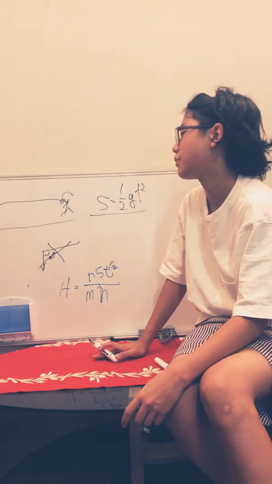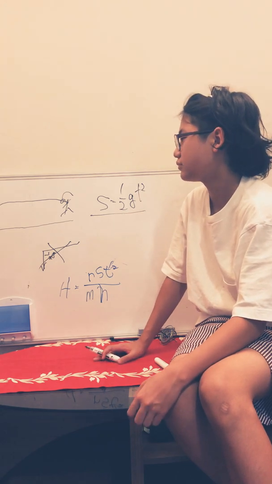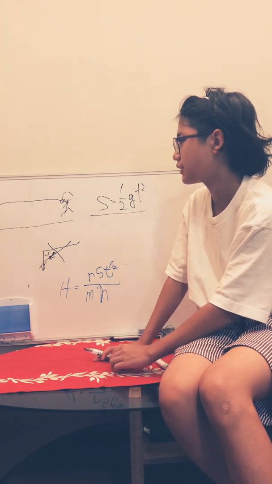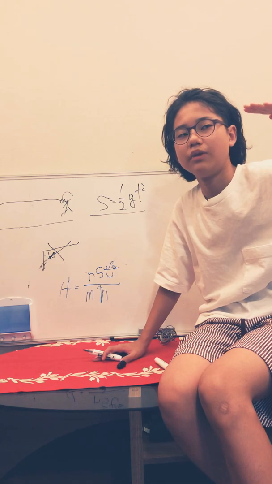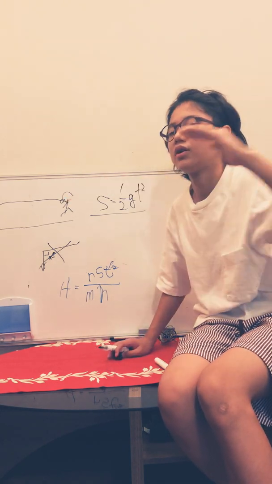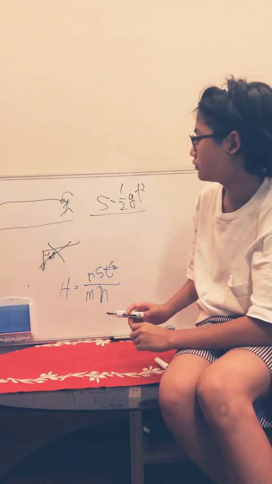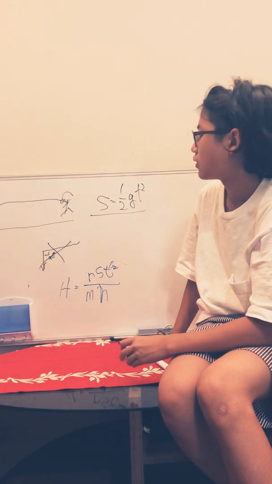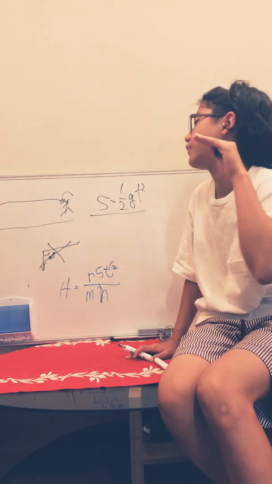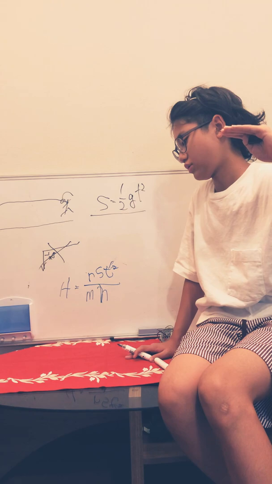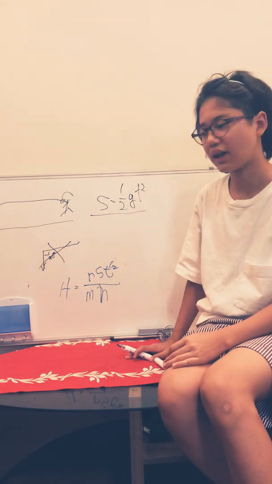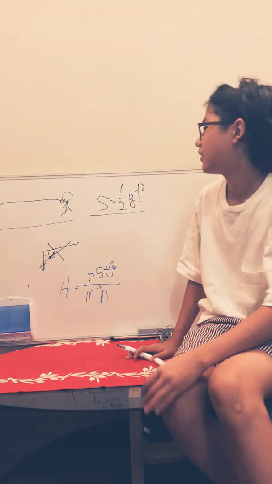So the ball is dropping in a curved shape, a curved line. That's not actually a line, but yeah, curved.